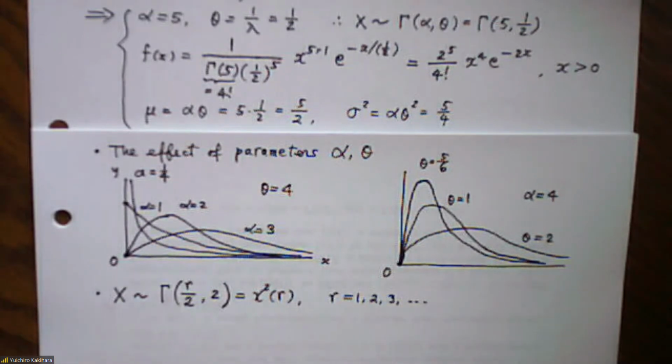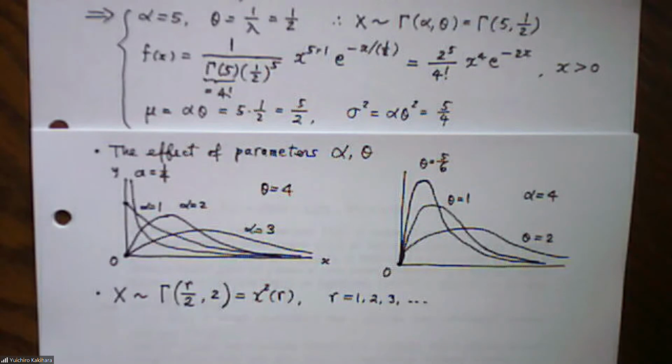Also you will see, after we study the normal distribution, that if Y is subject to the standard normal distribution and is squared, Y squared is going to be chi-squared of 1.